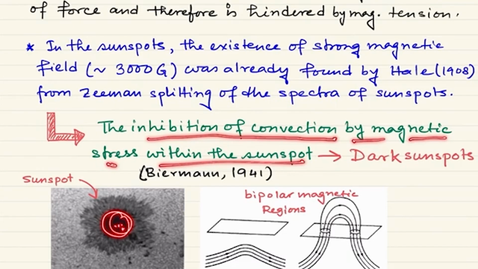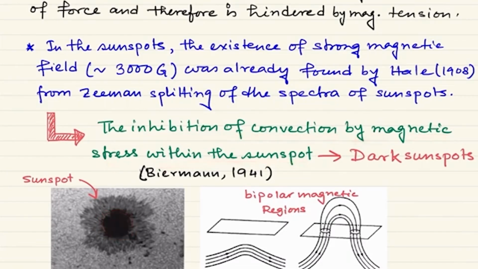Because the thermal convection is not efficient, from the convection region to the surface the energy is not transported efficiently, and that gives this part a lower temperature, and that's why you see this part as dark. That was proposed for the first time by Biermann in the year 1941.